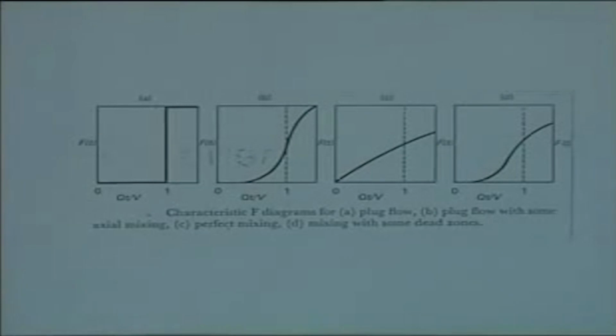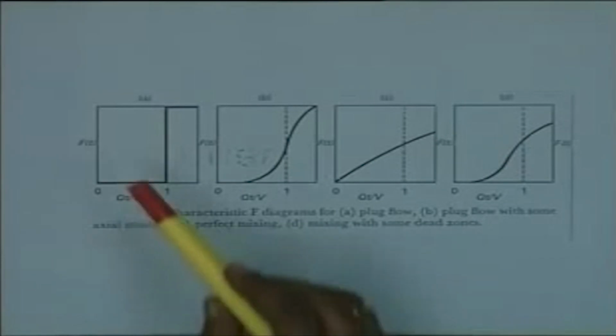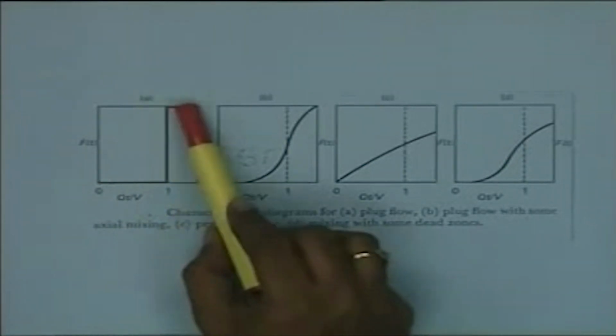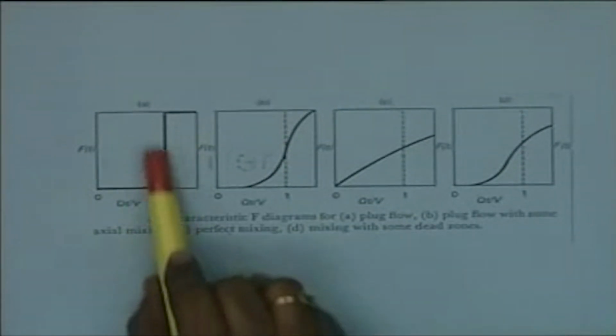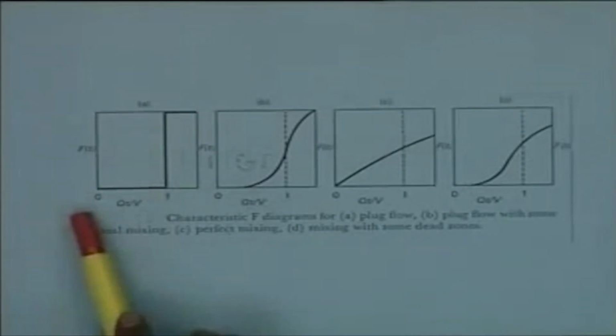Now alternatively, one can also look at the characteristic F curves for different kinds of flow profiles. Say, for example, in the case of curve A you have a typical F curve for a plug flow reactor.